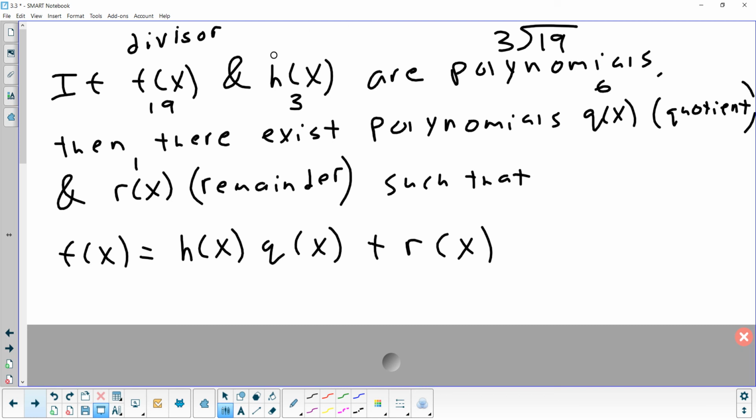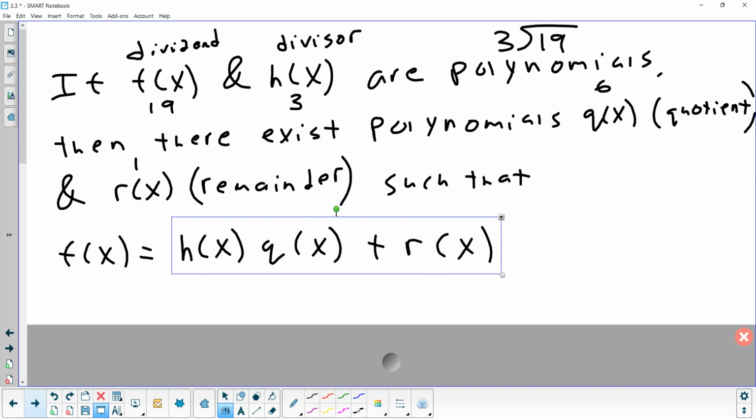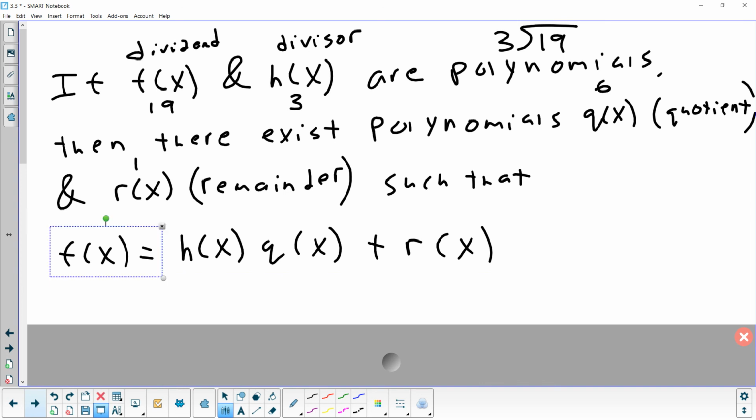The number on the inside is your dividend. Now it matches what I said before. Divisor times your quotient plus your remainder will always give you back your dividend. That's how you check your answer.